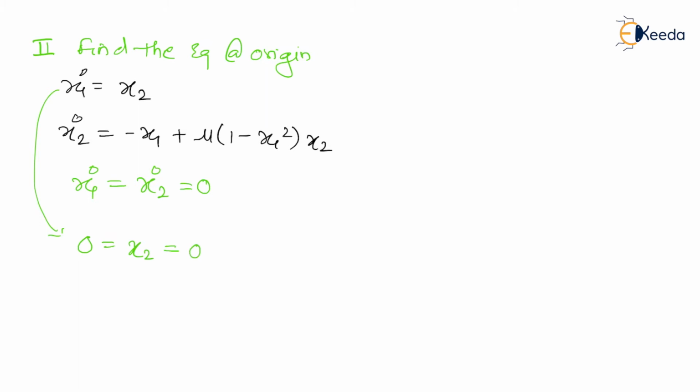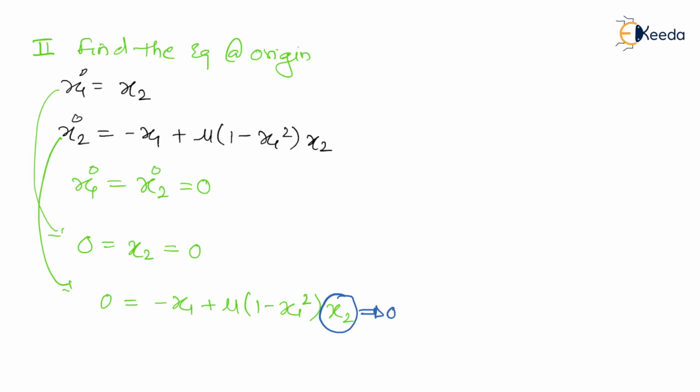Further, this expression now becomes 0 is equal to minus x1 plus mu, (1 minus x1 square), into x2. Now what is the value of this x2? This x2 is 0.